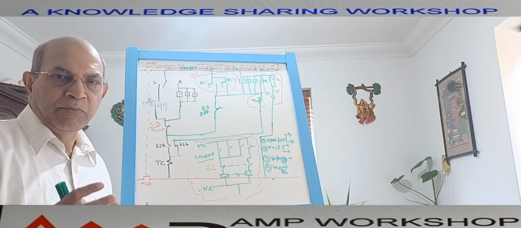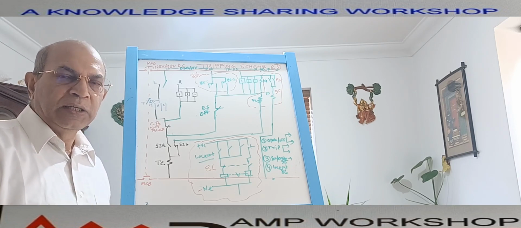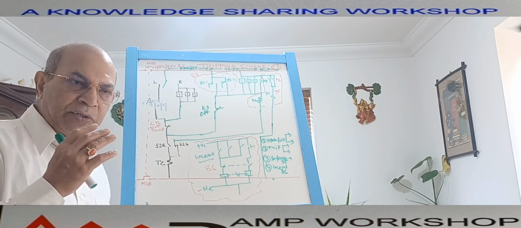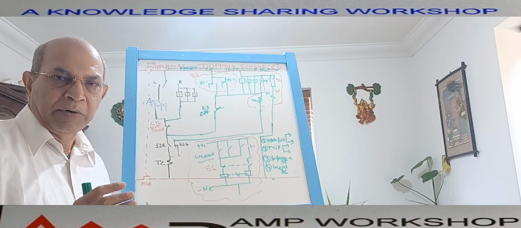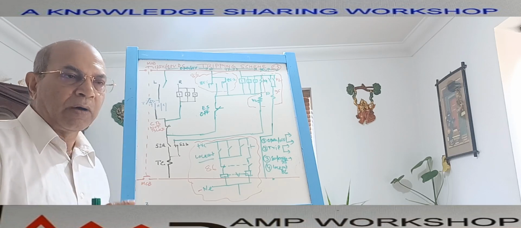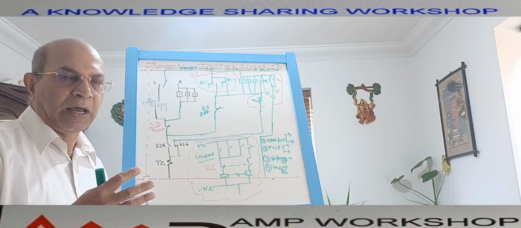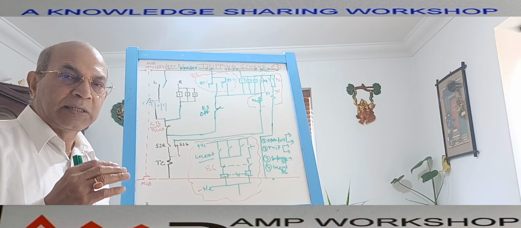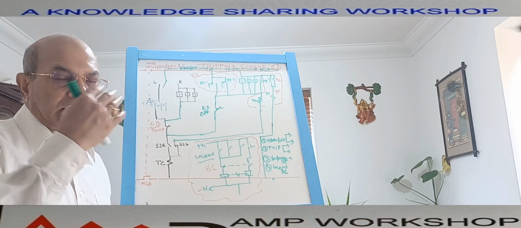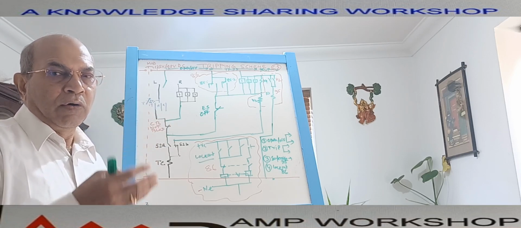If there is an abnormal condition of the remote end equipment, or the remote end switchgear it supplies power to, then this circuit breaker needs to trip automatically. Whatever the abnormal condition, it could be a circuit fault, an overcurrent fault, a short circuit fault, a differential fault, or any type of fault. Even if there is an abnormal condition at another remote end where this equipment is not directly subjected, but a fault there could cause a problem to this one, then also we need to open this breaker.